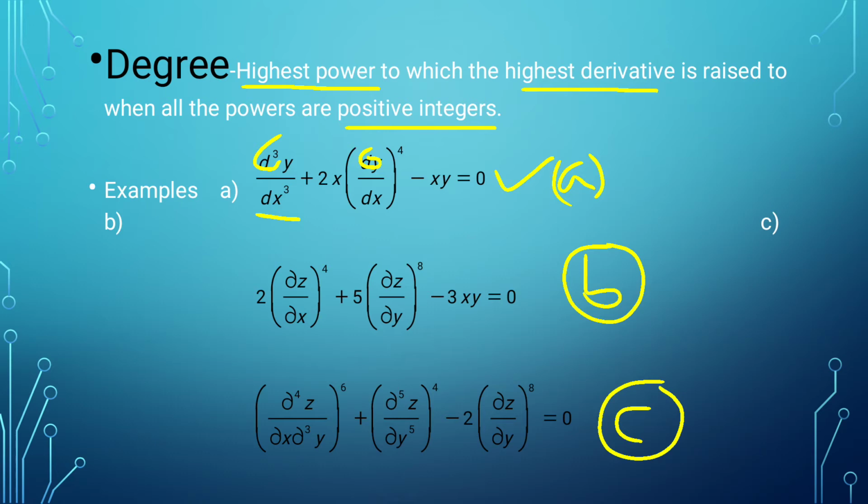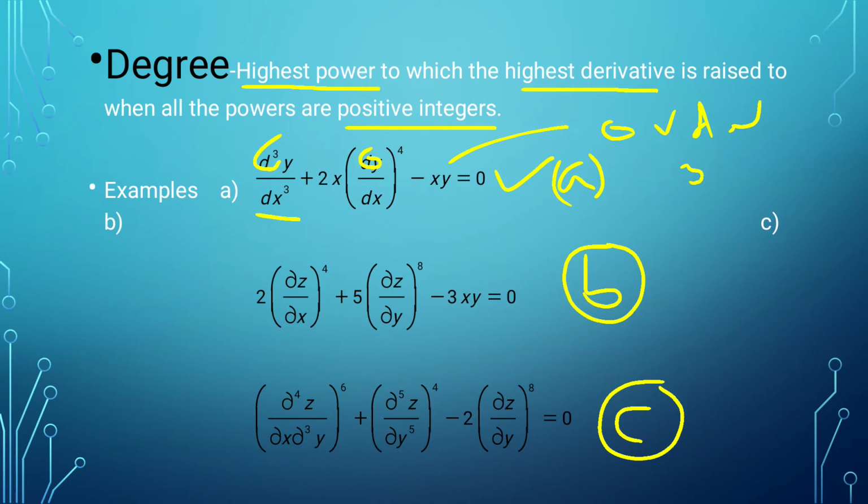So you'll see that the highest derivative here is the third derivative. That means this is of order 3. A is order 3.